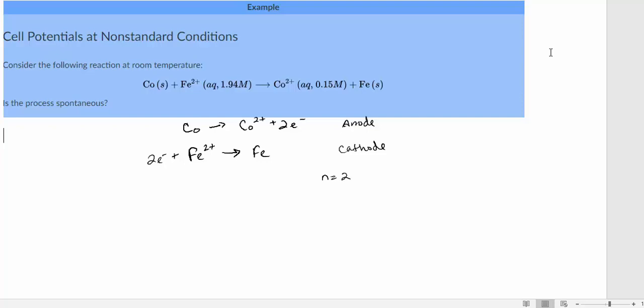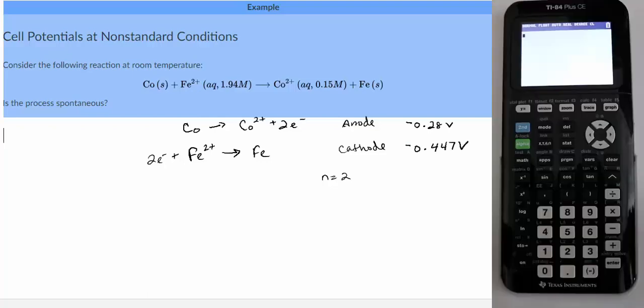Now looking up the standard reduction potential values, my anode standard reduction potential is negative 0.28 volts, and my cathode 0.447 volts.